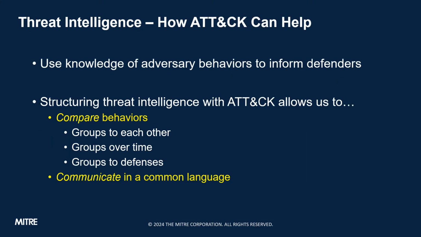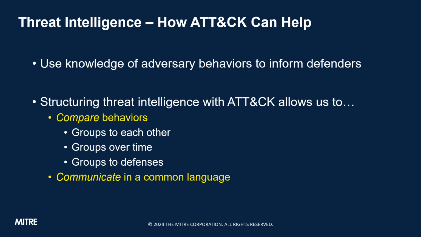From that definition, I'm going to talk about how ATT&CK can help with cyber threat intelligence. There's a couple ways that we see that ATT&CK can help. You can use your knowledge of adversary behaviors that you're getting through ATT&CK to help inform defenders. You can also structure threat intelligence with ATT&CK. This allows us to do a couple of things. We can compare behaviors between adversaries.